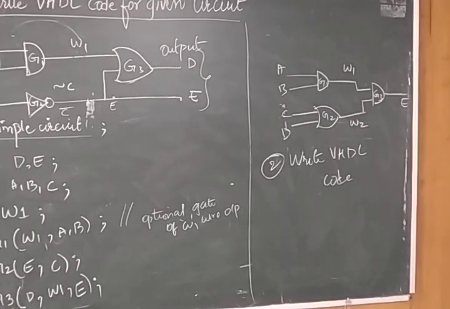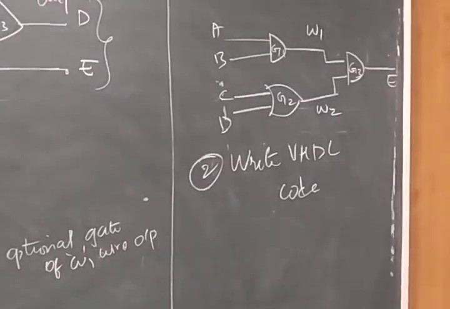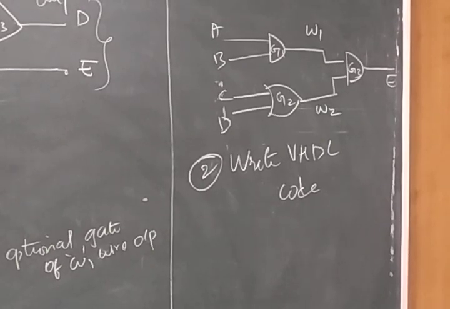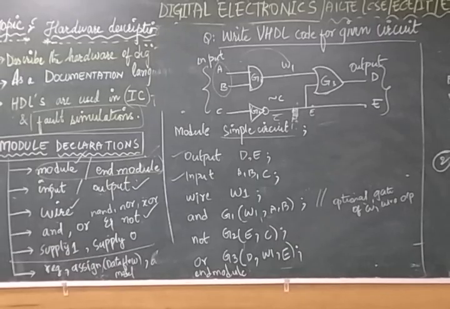This is your E, right? Write the code for it and get me the answer. Before doing that, you note down this VHDL code for the given condition, and then you can proceed to the next question.